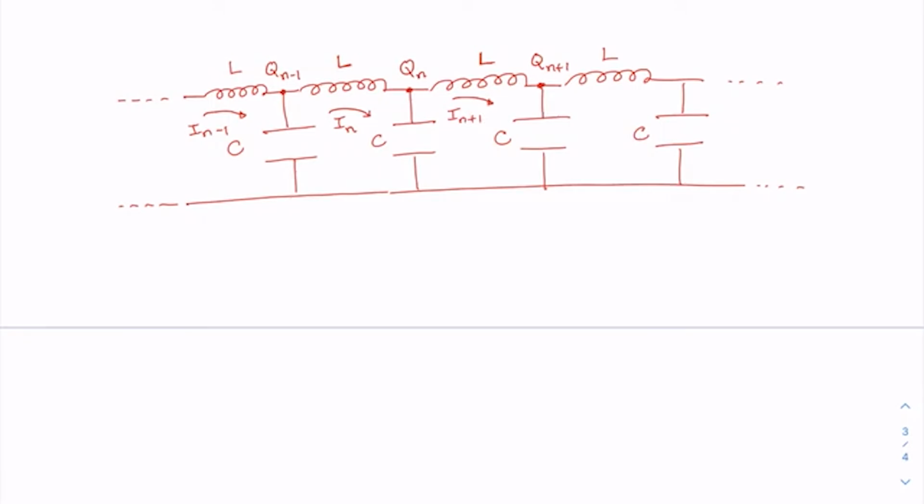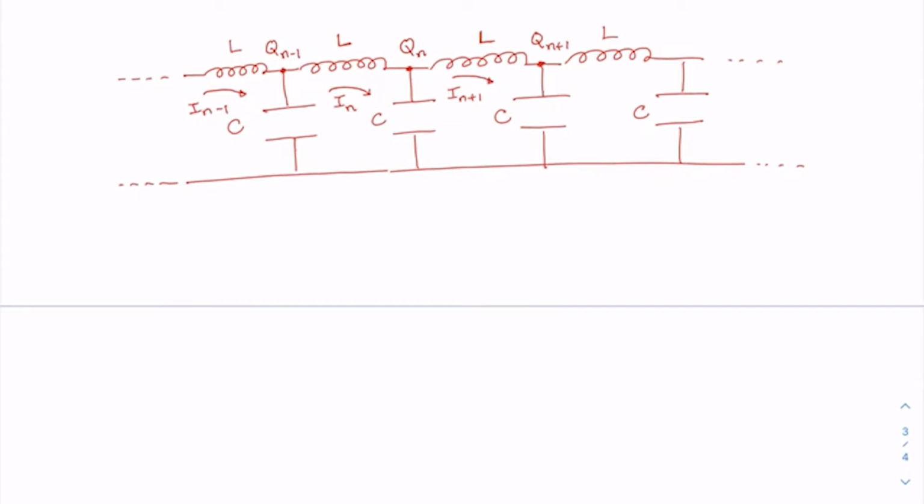Now you see, the charge building up at a node is determined by the current flowing into it and out of it. So we can invoke the so-called charge conservation at a particular node.